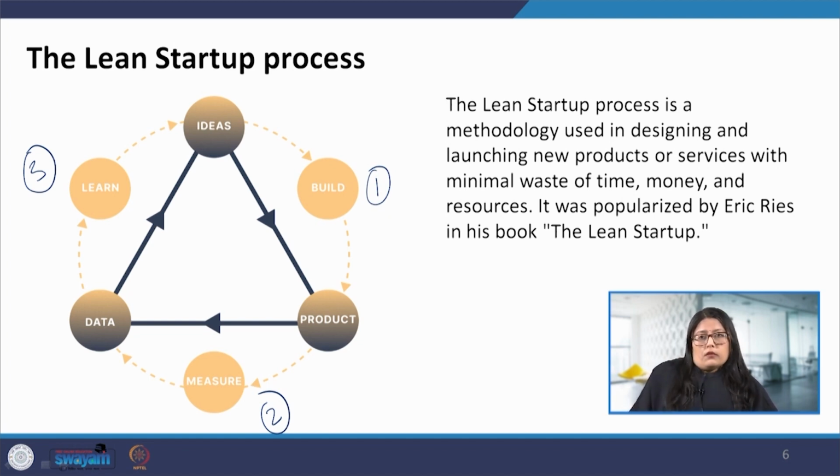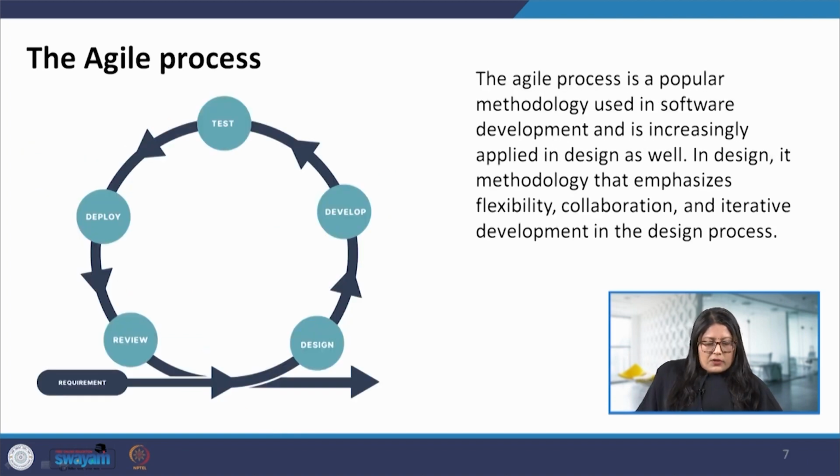Another process that is used here is the agile process. So, as the name suggests, agile meaning flexible. So, this system or process offers flexibility to the design team, and here the problems are broken into smaller problems. So, we can see here that one loop of one stage of the problem is design, then develop, then test, deploy and review.